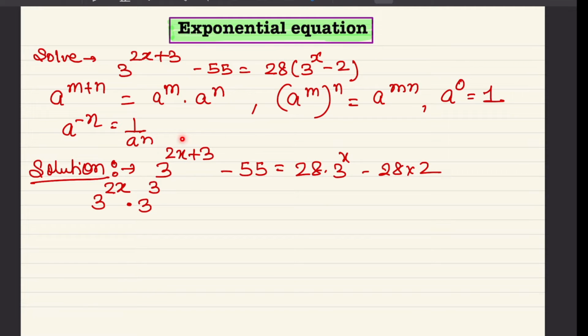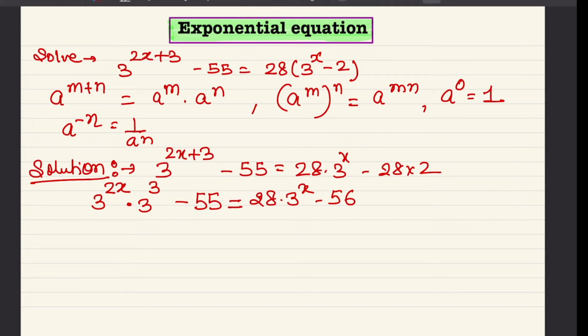So using this rule, 3^(2x+3) can be broken into 3^(2x) into 3^3. Now minus 55 is equal to 28 into 3^x minus 56.